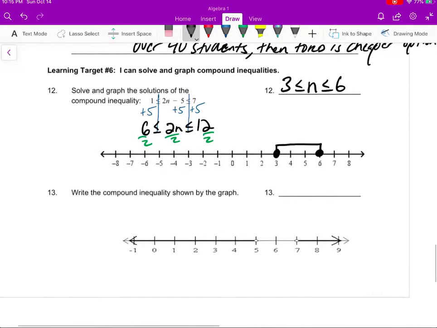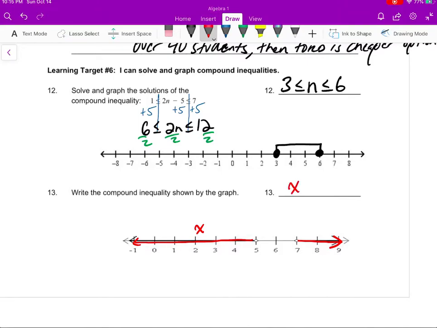Alright, this last one, notice how these are going in opposite directions. So if I think about this number line right here, going that way, that's x, or it could be going this way. So basically it just cannot be 6 or any of the decimals in between 5 and 7. So it's smaller than 5 but not equal to 5, or bigger than 7 but not equal to 7.